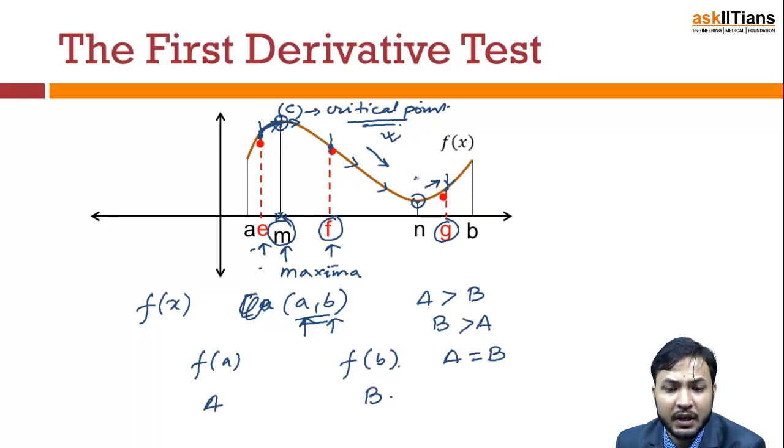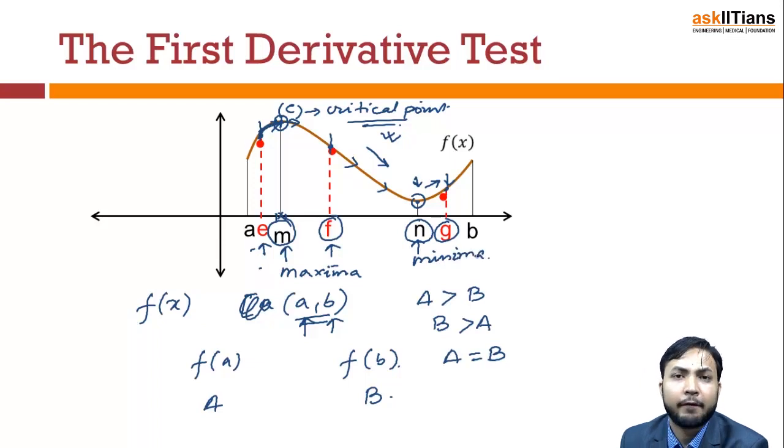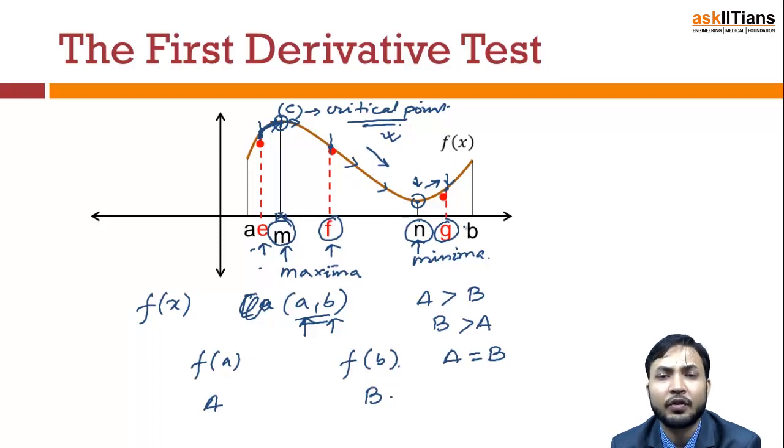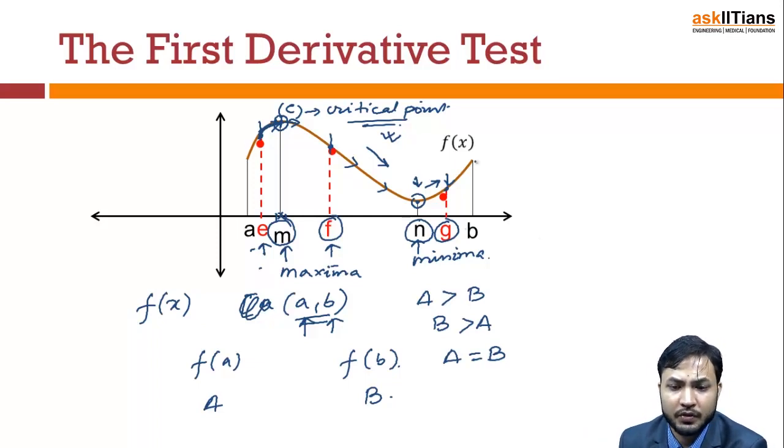So this again becomes a critical point, and this is where I achieve my minimum value. So where the function changes from positive to negative, that is the point of maxima, and the point at which it changes from negative to positive becomes a minimum. That was the whole point of studying this.